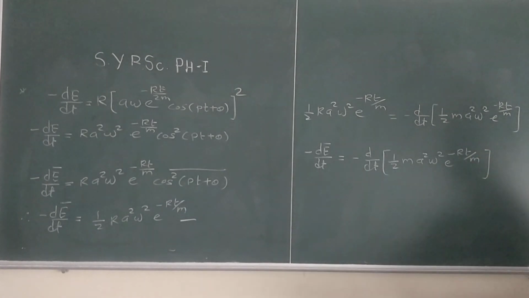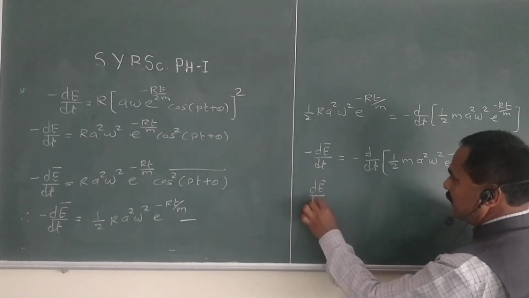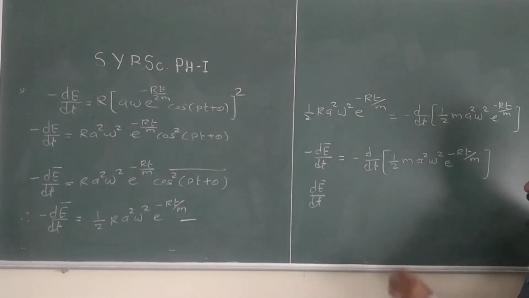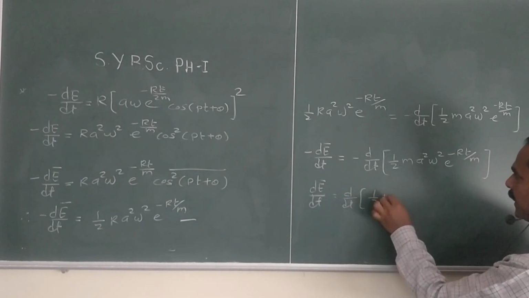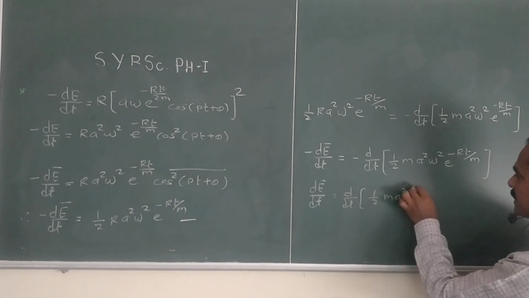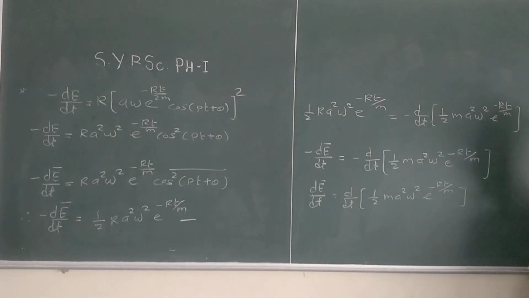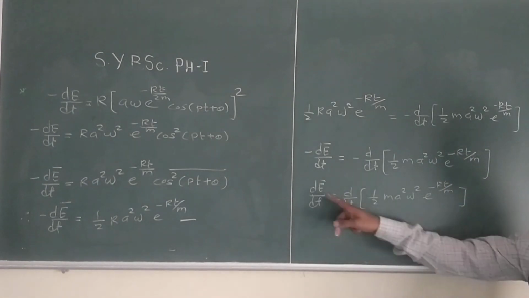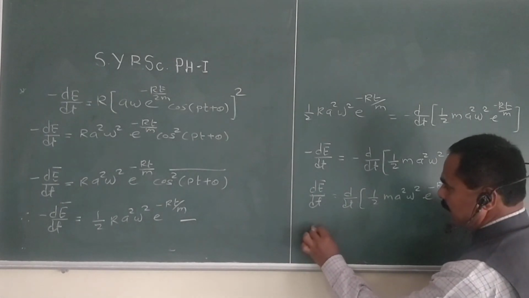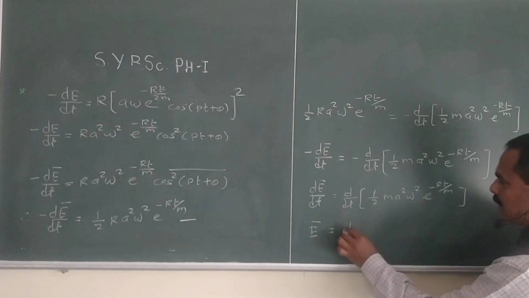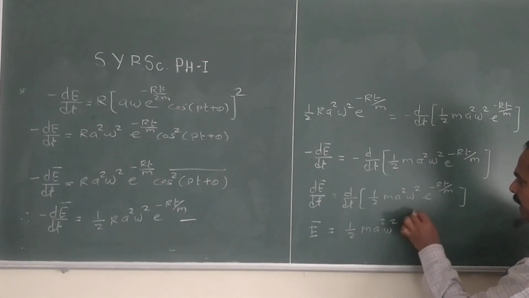Now we change the sign, so d dt of E bar equals d dt of half m a square omega square e raised to minus rt upon m. Now we cancel the derivative on both sides. Therefore E average equals half m a square omega square e raised to minus rt upon m.